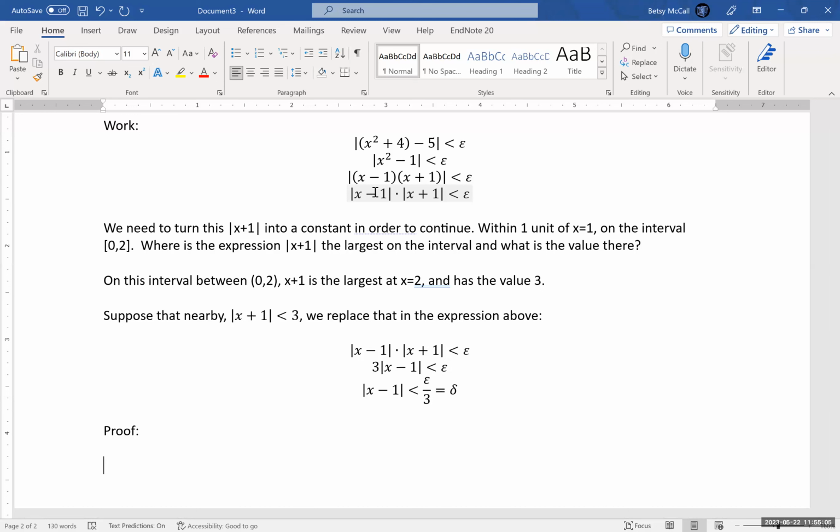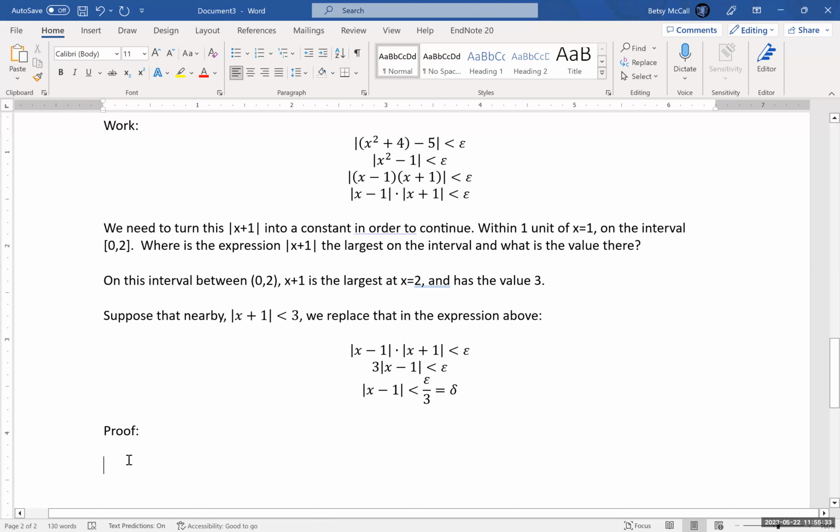You're always trying to pull out the factor x minus c and then leave everything else to the one side. Now, again, it should be noted, if you've made any arithmetic mistakes, this is the stage at which you will notice it, because you won't be able to factor out your x minus c term. But different algebra tricks may be necessary in order to get that factor to come out.